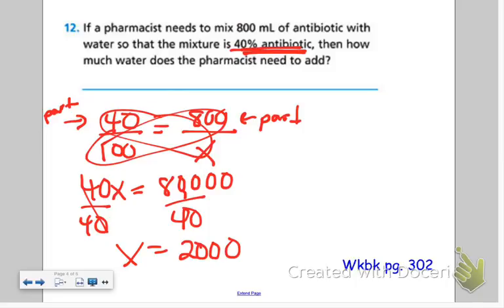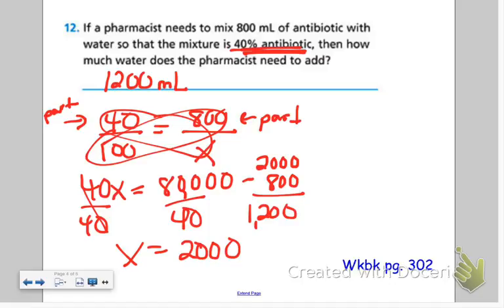What I might do is take the 2,000, which is supposed to represent the whole amount of mixture, and take out the 800 milliliters that represents the antibiotic part, which means 1,200 would be the amount of water. 1,200 milliliters is the amount of water that the pharmacist would need to add, because the 1,200 milliliters of water plus the 800 milliliters of antibiotic would give me the total 2,000, the whole amount.